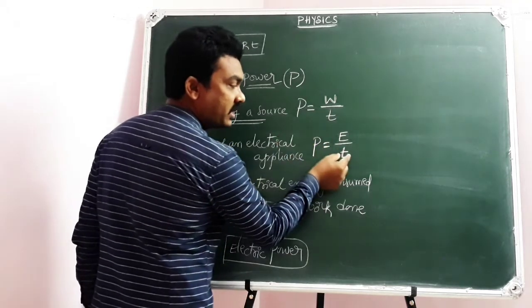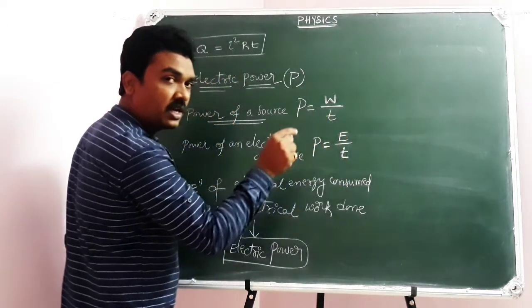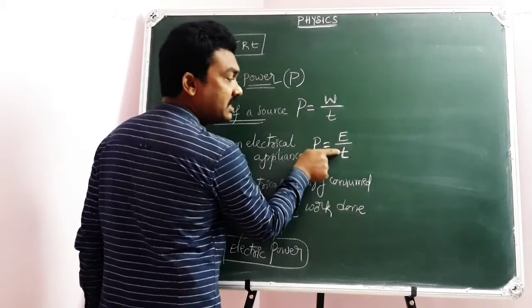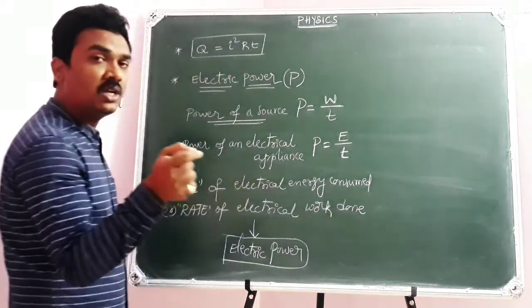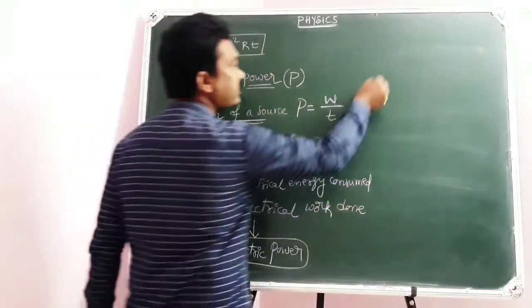In a time interval of T seconds, if it consumes E joules of electrical energy, then E by T gives the energy consumed in 1 second, which is electric power.